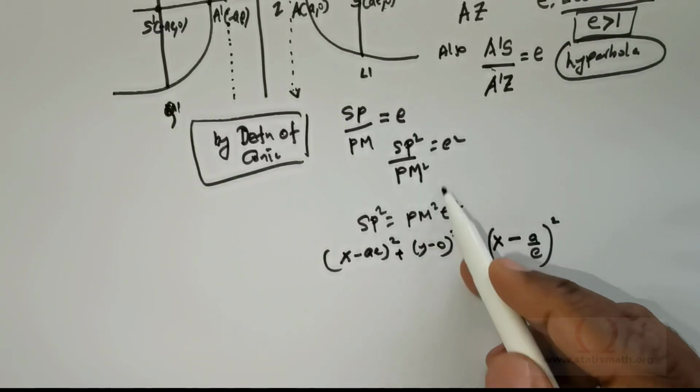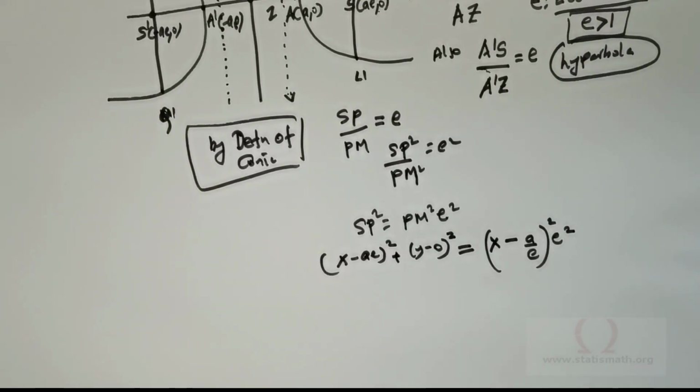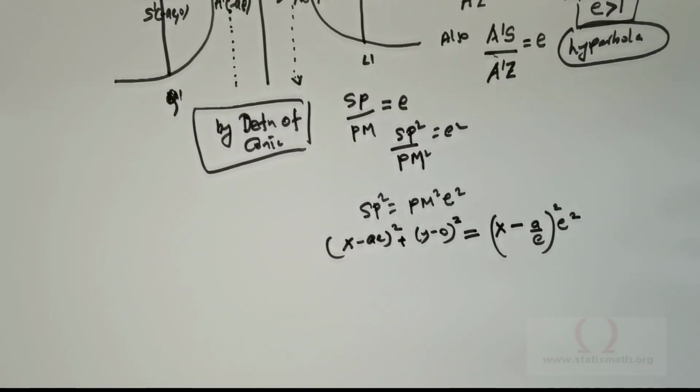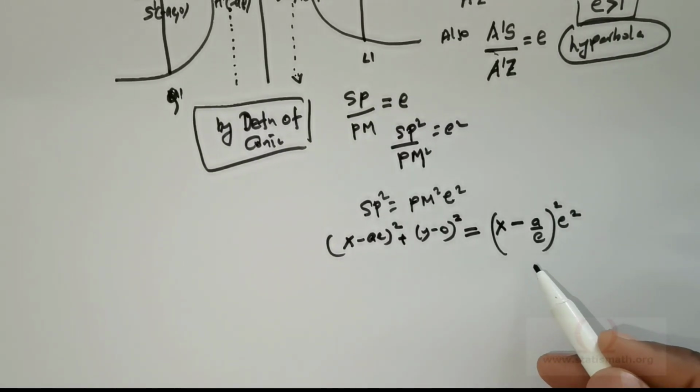Of course there is an e squared here, so we have to have that e squared also. So this is going to be the relationship that we will have to solve.